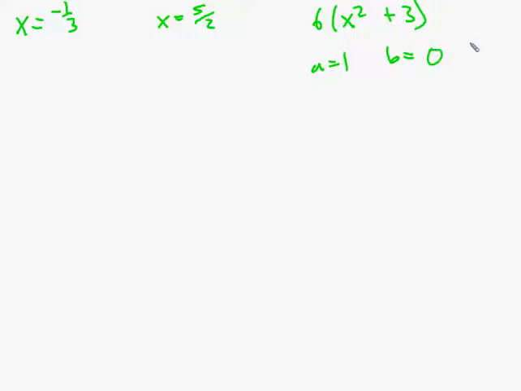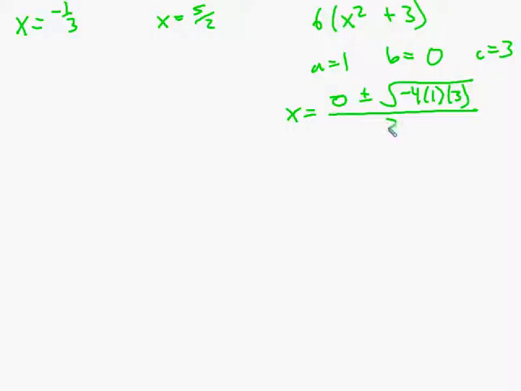There's no x term, so B is 0, and C is 3. So I'm going to use quadratic. Negative B is 0, plus or minus square root B squared, 0, minus 4 times A times C, all over 2A. So I get 0 plus or minus square root of negative 12, all over 2.